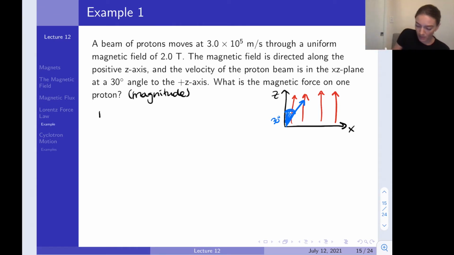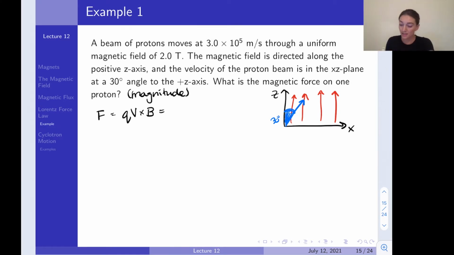All right, we have F equal to QV cross B. Since this is a cross product, we can write this as QVB sine theta. In this case, the angle between our velocity and our magnetic field is 30 degrees, so we can write that as QVB sine of 30.